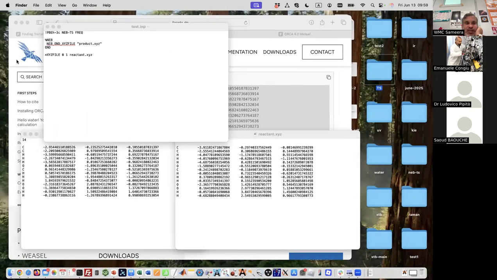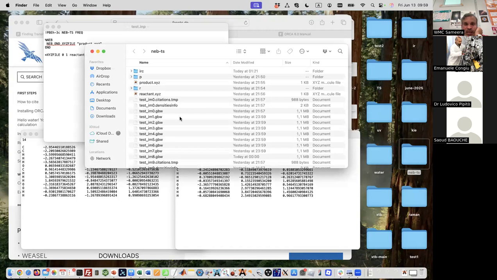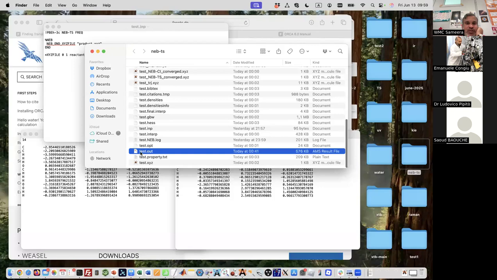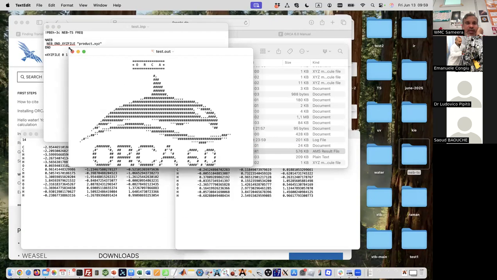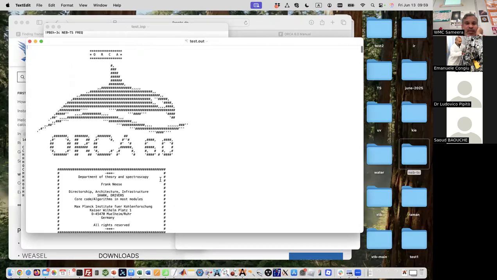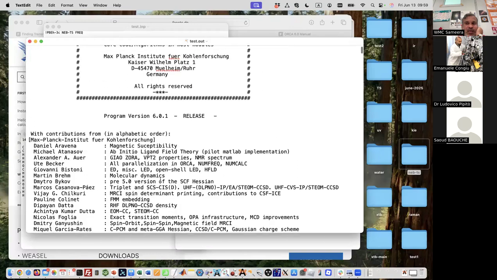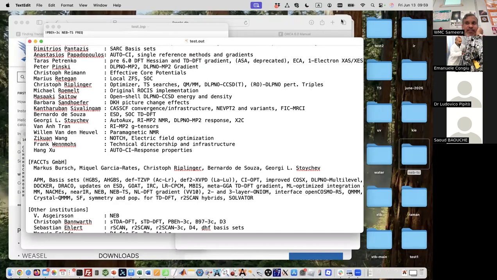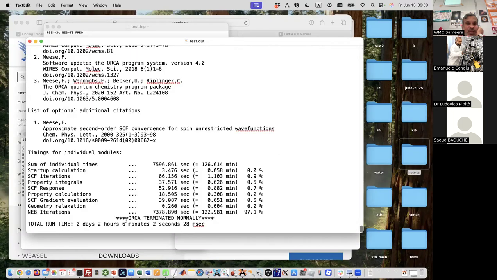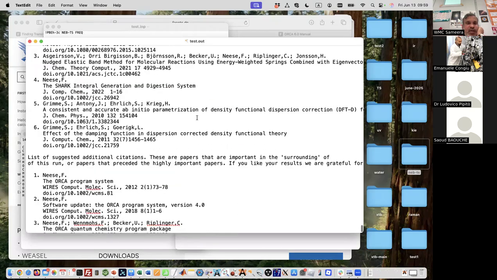First of all, let's look at the output file, which is test.out, and in this file you will see normal termination after the computation.